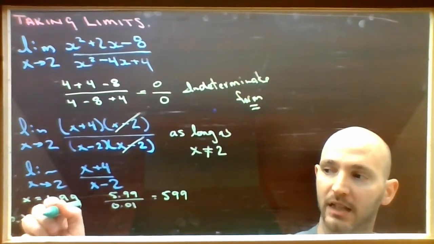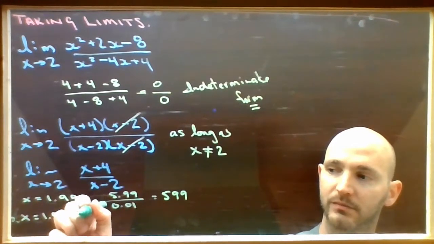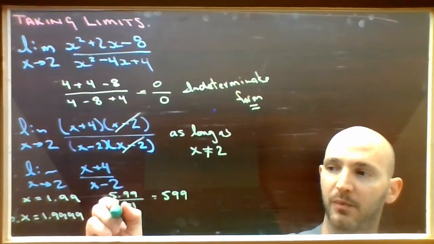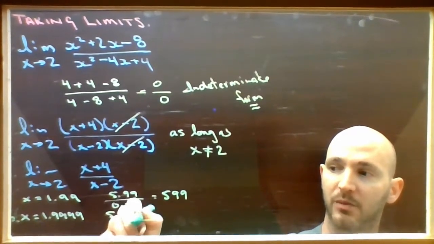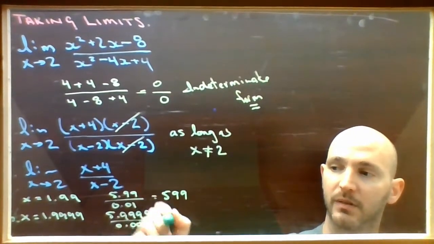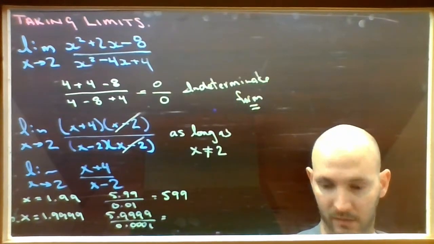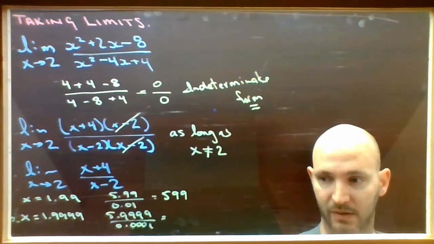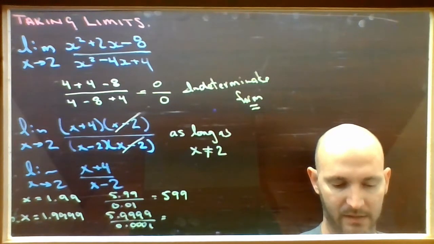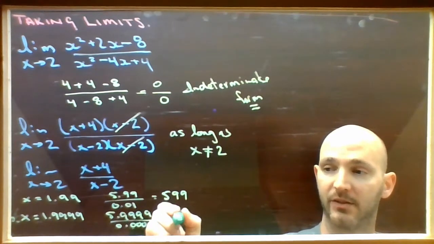If I try and get a little closer, I'd end up with 5.9999 divided by 0.0001. 5.9999 divided by 0.0001 is 59,999.